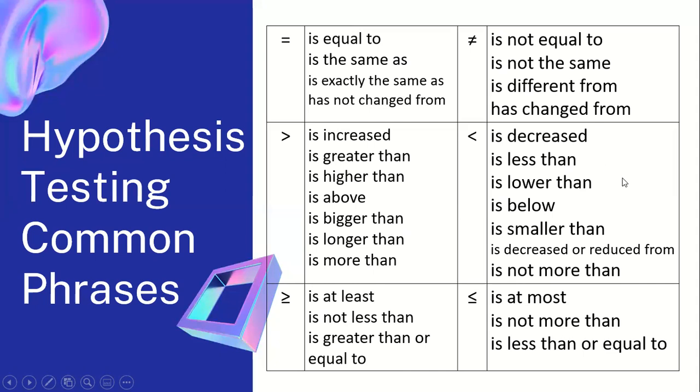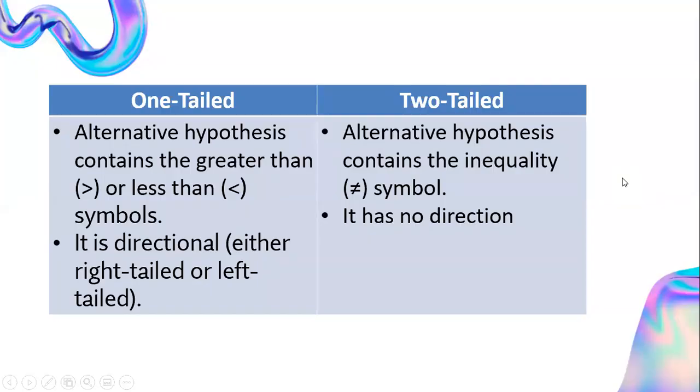Another thing that you must know for this module is the difference between a one-tailed test and a two-tailed test. So when do we say that your hypothesis is a two-tailed test or a one-tailed test? Basically our basis is the alternative hypothesis, how you state your alternative hypothesis.